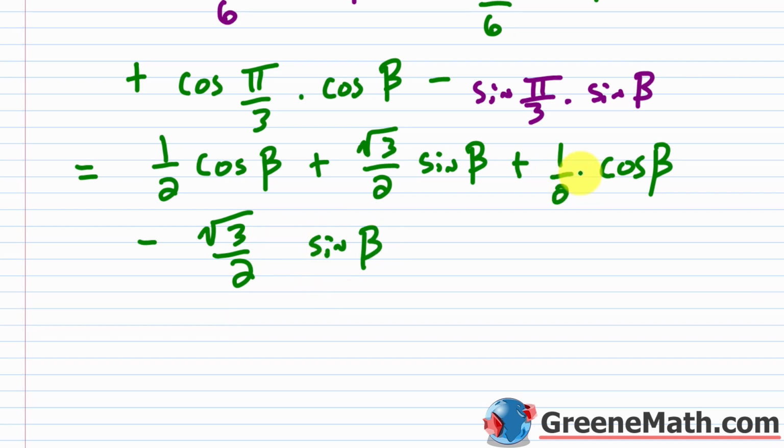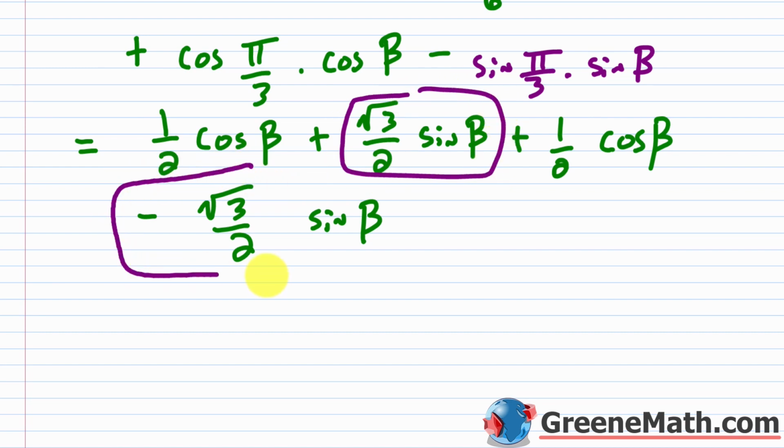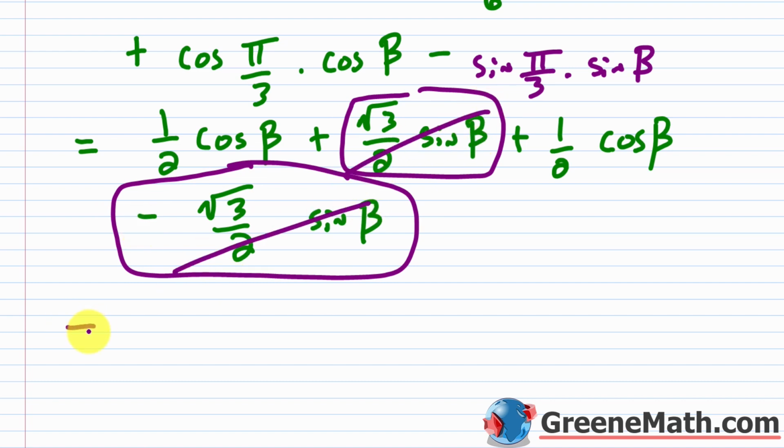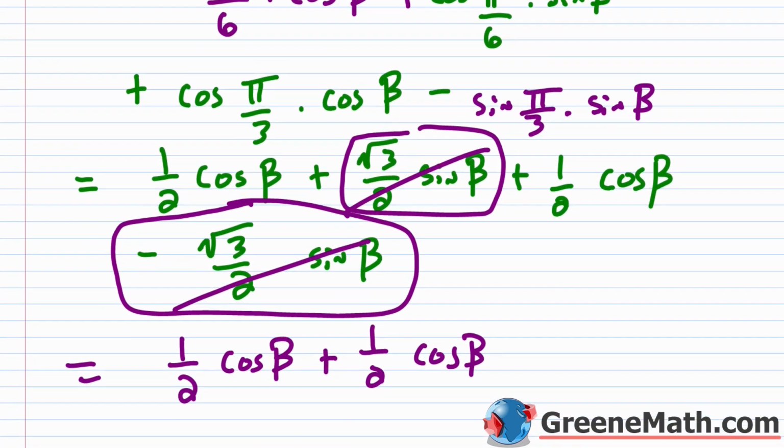Let's scroll down a little bit, get a little bit more room going. Let's think about what we can do. We'll notice that this guy right here and this guy right here can be canceled. You have the square root of 3 over 2 times the sine of beta, and then you have the negative of that, so I can just cross that out. Basically this is 1/2 times cosine of beta plus 1/2 times cosine of beta. Remember what we're trying to get: just the cosine of beta.